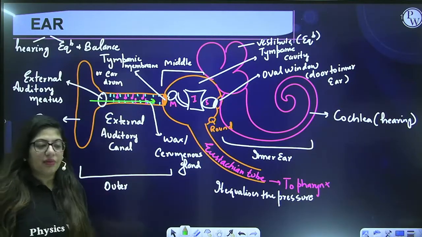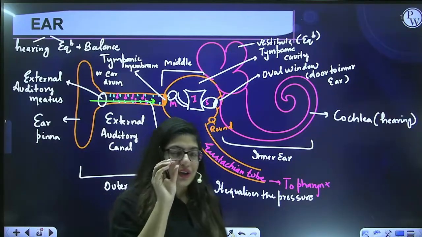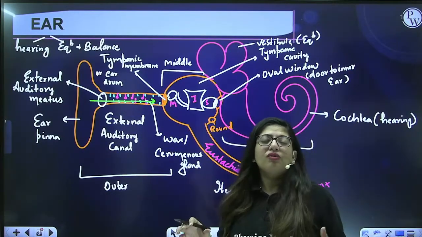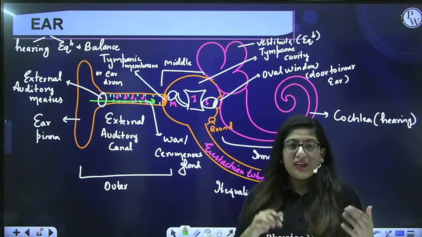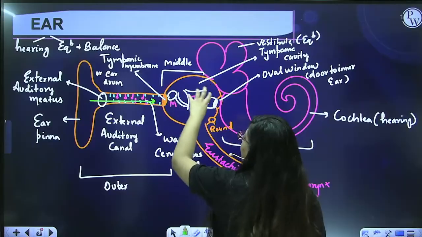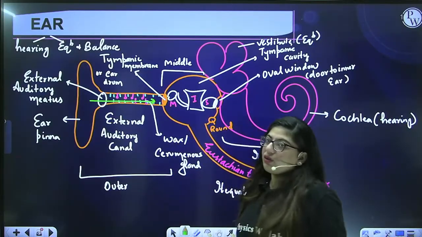This eardrum, outside it is made up of skin, and towards inside it is made up of mucous membrane. It will convert these sound waves into vibration, and this vibration will then hit these small ear ossicles.